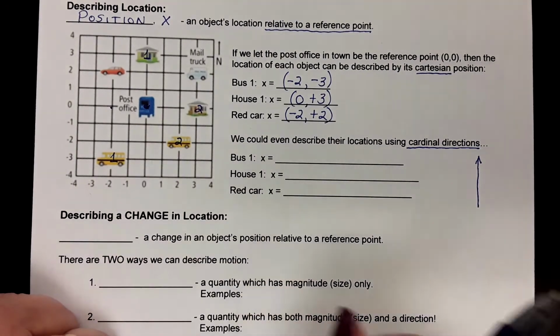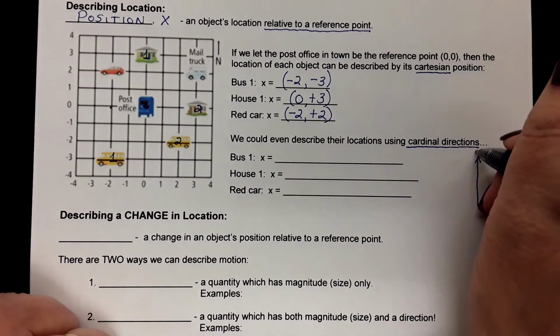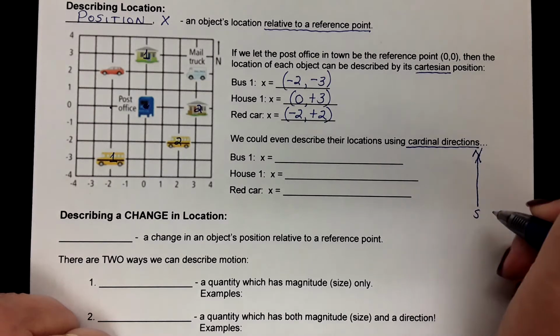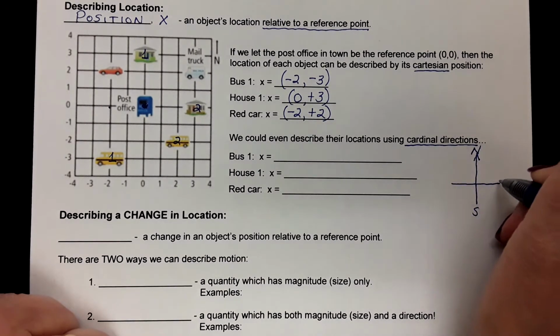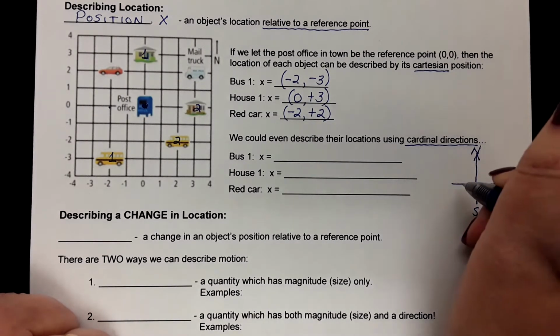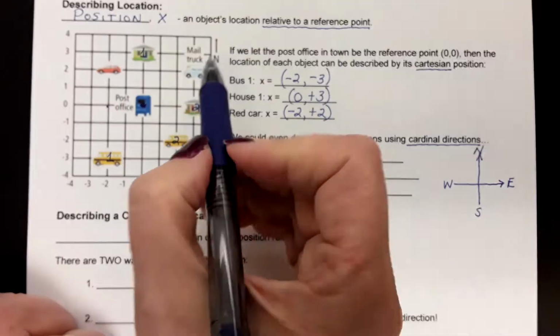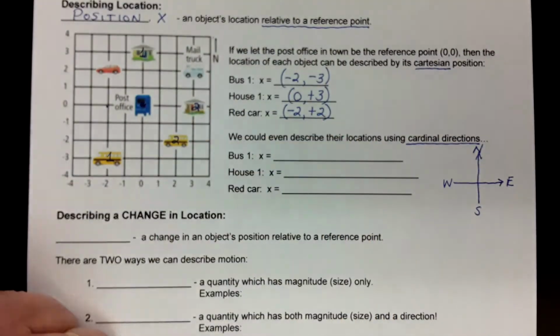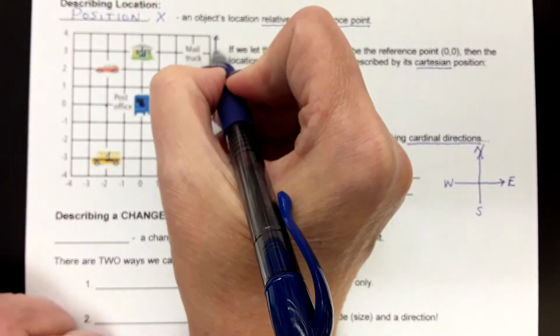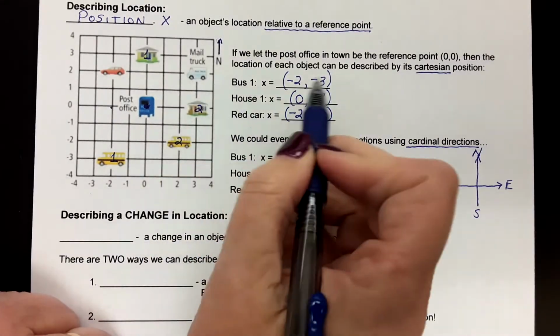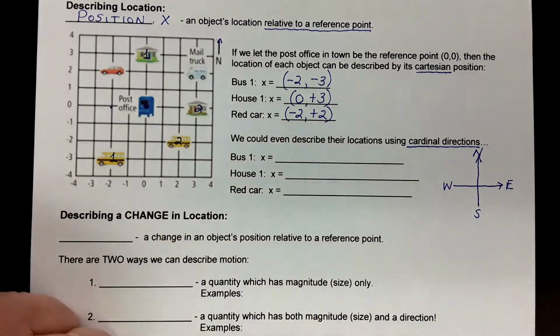Standard compass directions on a paper, north is up, south is down. East is to the right, west is to the left. In fact, we call this a compass rose, okay? So, in fact, look right here. North points up, all right? So south is down, east is to the right, and west is to the left.